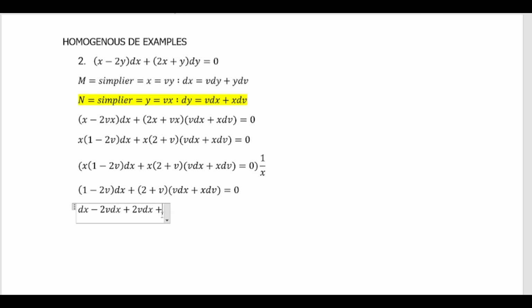And then the second term and the first term, v squared dx, and plus the last one, second and last term, which is vx dv, equals 0.